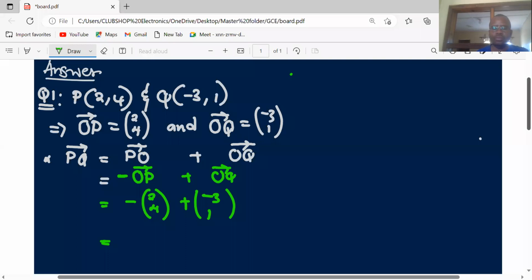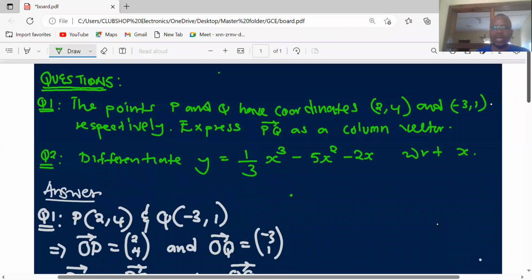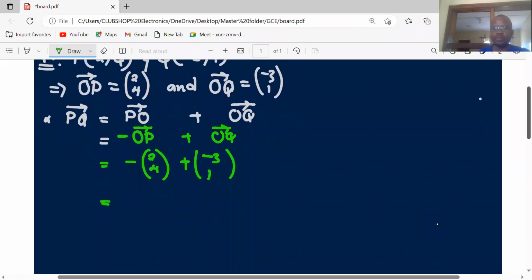All right, so we proceed. We are trying to work out the first part. So we are going to say -2 plus -3, -4 plus 1.